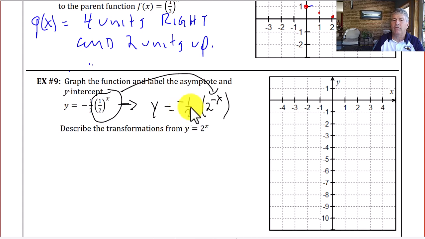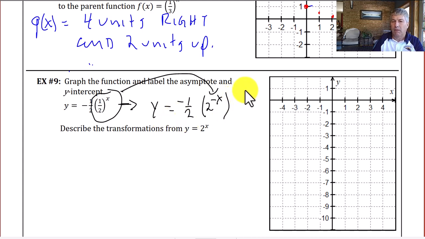So now we have an a value of -1/2 and an impact on our x, shifting our x's across the y-axis, and a vertical dilation by a factor of 1/2, and then we're going to reflect over the x-axis.